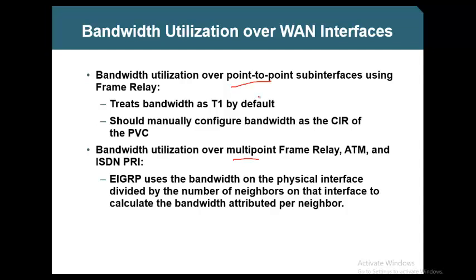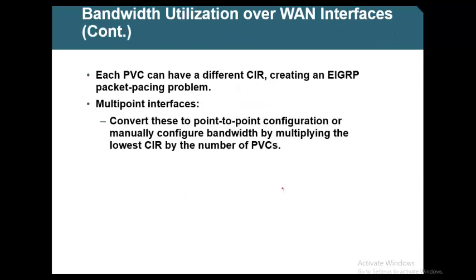See, EIGRP uses the bandwidth of the physical interface divided by the number of neighbors on the interface to calculate the bandwidth attribute per neighbor. So you see this picture here.